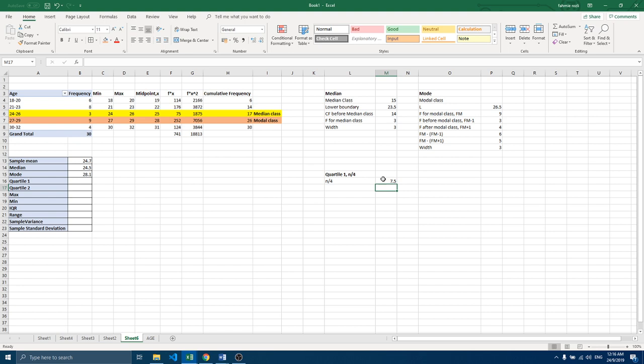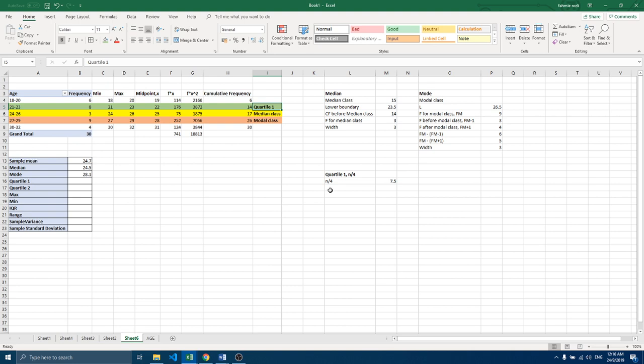So again, go to the cumulative frequency. So 6 is still below 7.5. So 14 is next, is bigger than 7.5. So this one you consider as your quartile 1 class. Quartile 1. So this is your quartile 1.